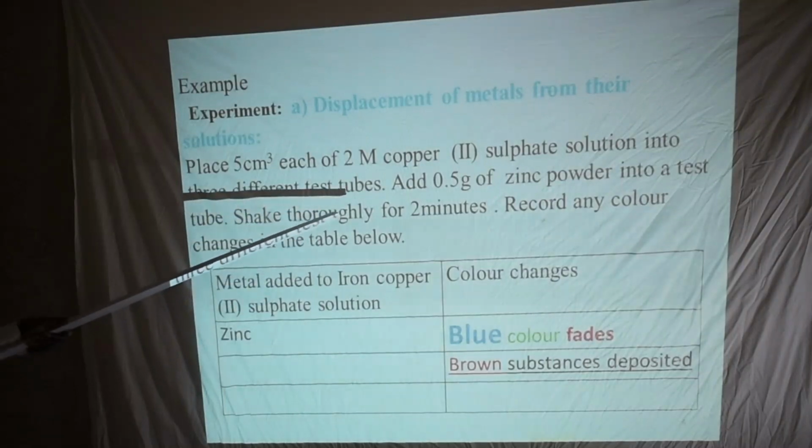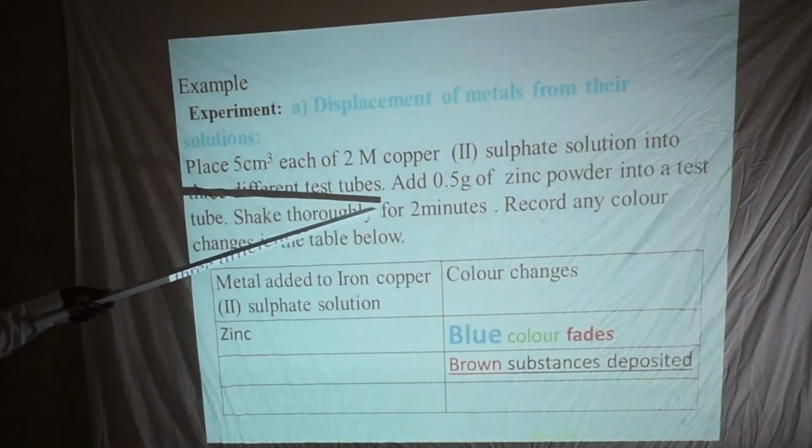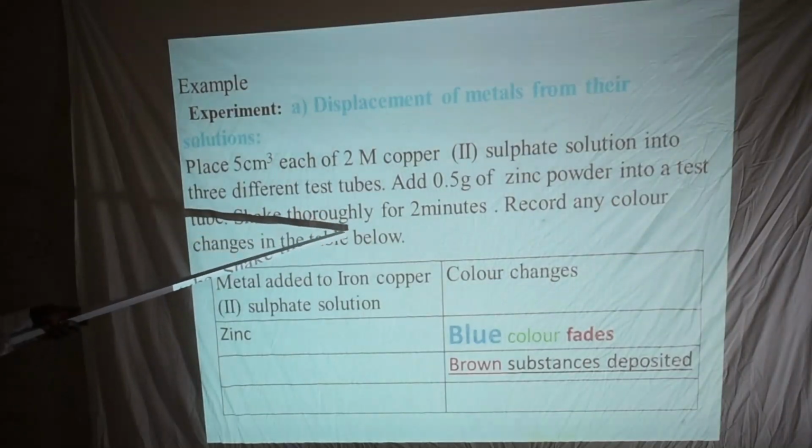Now, in number 1, you add 0.5 grams of zinc powder into the test tube. Shake thoroughly for around 2 minutes. Then record any color change in the table below.